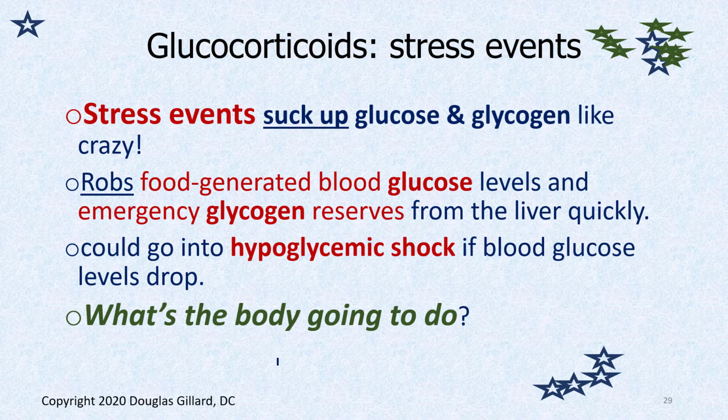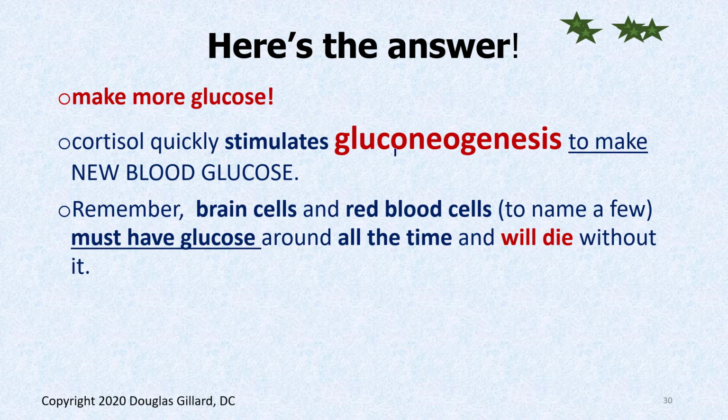So where's the glucose? You're going to go into hypoglycemic shock. What's the body going to do? It's going to make glucose through the process of gluconeogenesis. Remember, some cells in the body have to have glucose all the time. Brain cells and red blood cells, to name a few. They have to have glucose around or they will die.